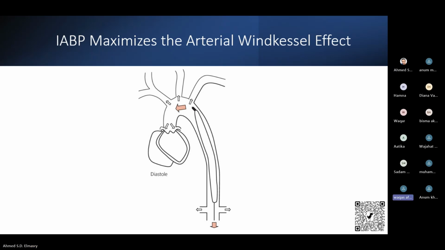So you are simulating the Windkessel effect, and also you are maximizing it because the Windkessel effect is responsible for perfusion of the heart during the diastole. So the intra-aortic balloon is displacing the blood inside the aorta up and down in order to perfuse the organs.